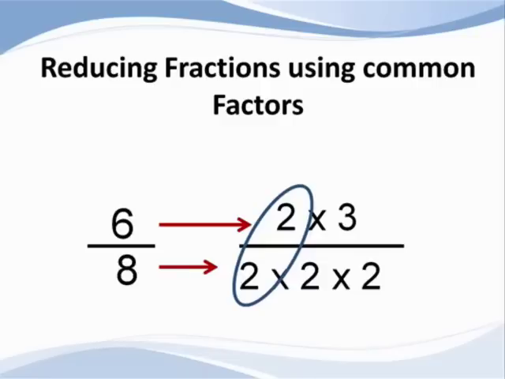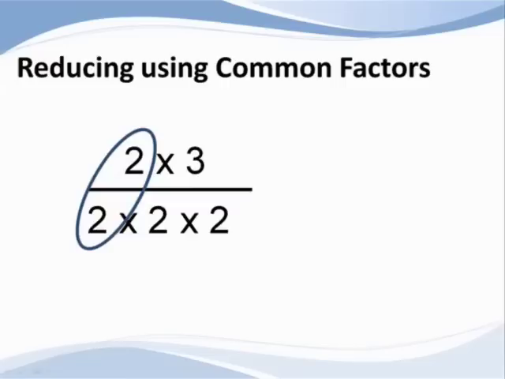2/2 reduces to 1. Since any number over itself is equal to 1, we still see that 2/2 is in fact 1. There are no other numbers in the numerator that are also in the denominator. Therefore, the only job left is to put the fraction back together by multiplying the factors.